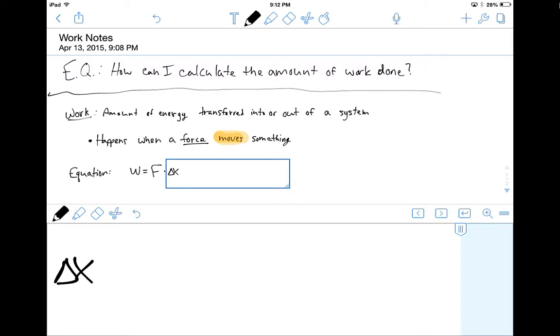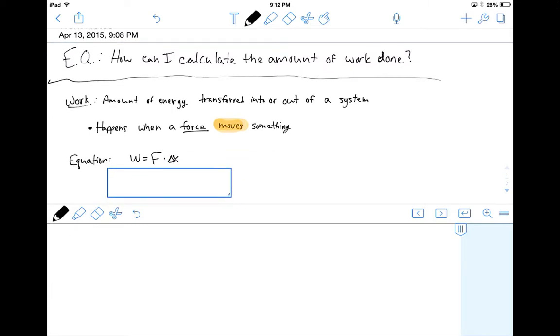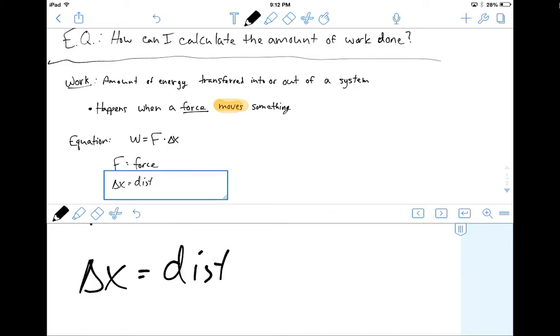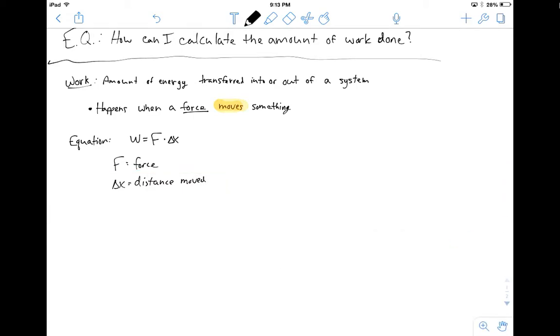Remember that F equals force, and delta x is just going to be the distance moved.